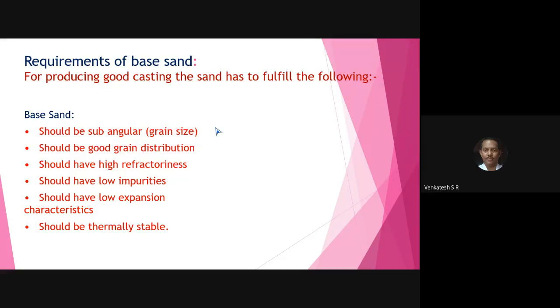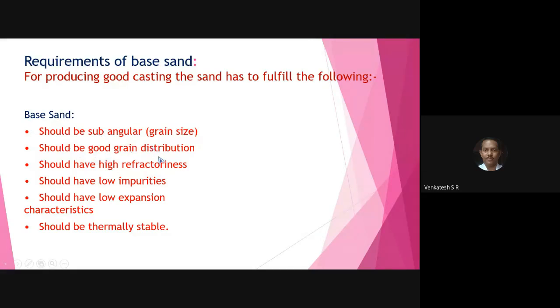Grain size means it must have the trapezoidal or a triangular or any shape. That should be an angular one. So it should not be a circular one, oval one. It should be an angular one, but maybe a triangular, trapezoidal, or any other shape. It should not be a circular one.